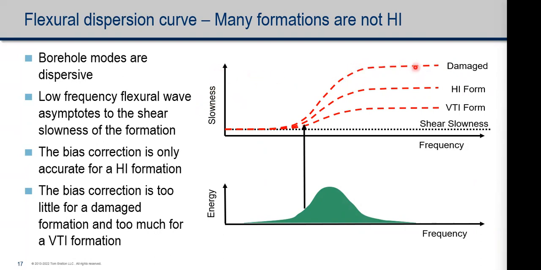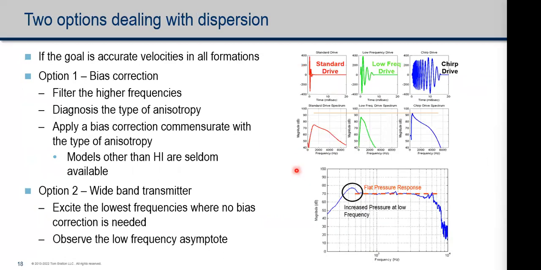The speed of sound slows down. We call it damage, and the bias correction based on an HI formation is not large enough. But if you get into shales, most of them are what we call VTI, and in a VTI formation, the bias correction will be too large. So that is the problem with your third generation of tools.